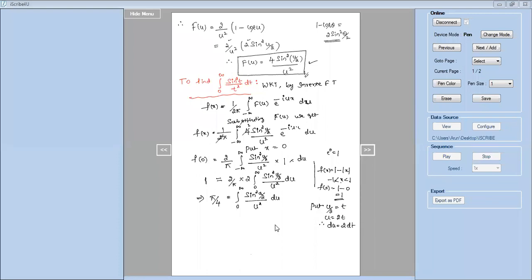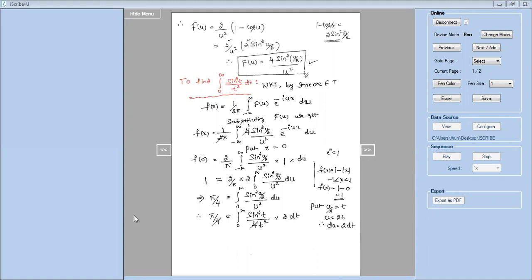So therefore pi by 4 equals integral 0 to infinity sine square t divided by u square, which is 4t square, into du, which is 2 dt. If I simplify this, the 4 on either side I can cancel, and this 2 we take to the left hand side.